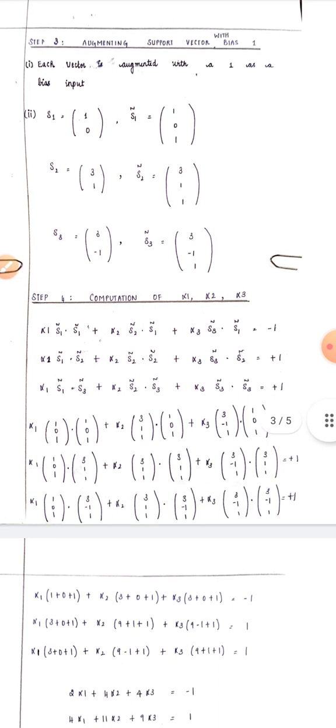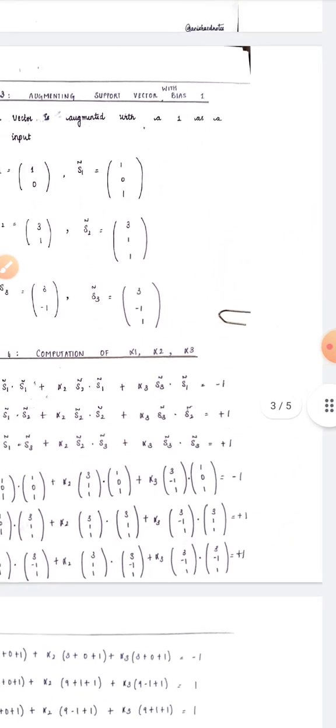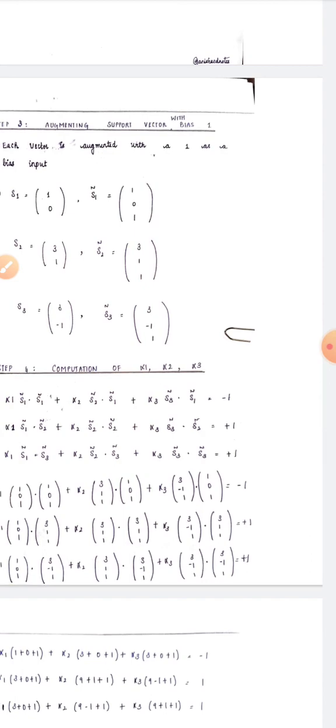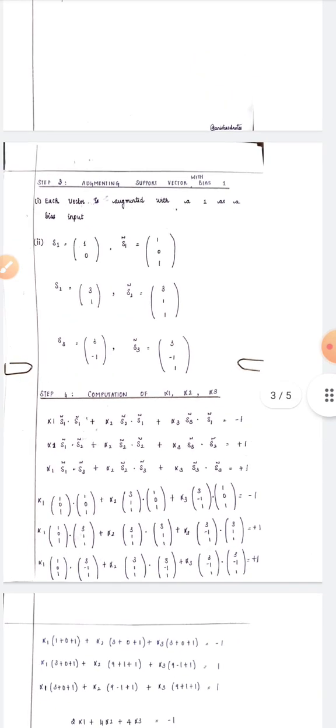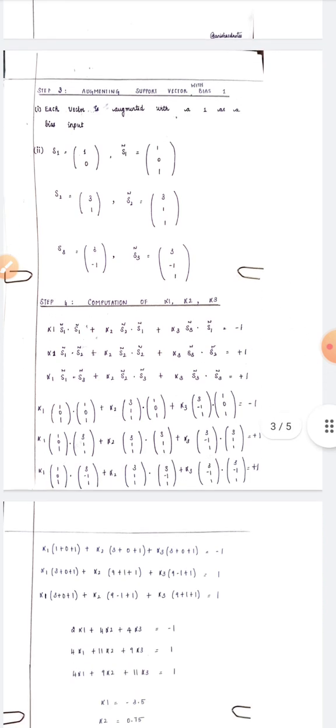And the third equation: alpha 1 (1, 0, 1) dot (3, -1, 1) plus alpha 2 (3, 1, 1) dot (3, -1, 1) plus alpha 3 (3, -1, 1) dot (3, -1, 1) is equal to plus 1.